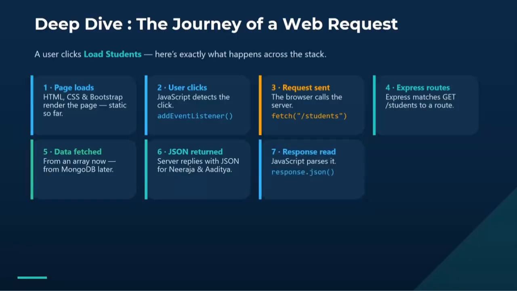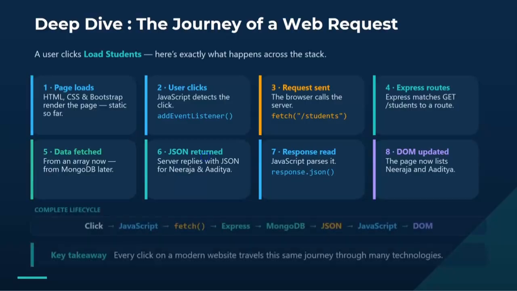JavaScript waits for the response using await fetch. Once the response arrives, response.json converts the JSON into JavaScript objects. Finally, JavaScript loops through each student, creates new HTML elements, inserts them into the DOM, and the browser immediately updates the web page.